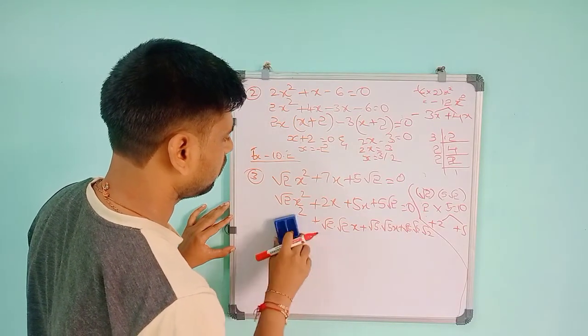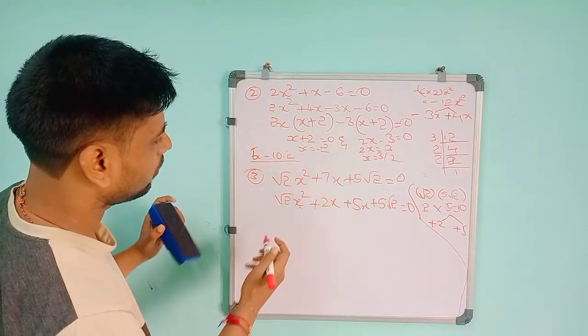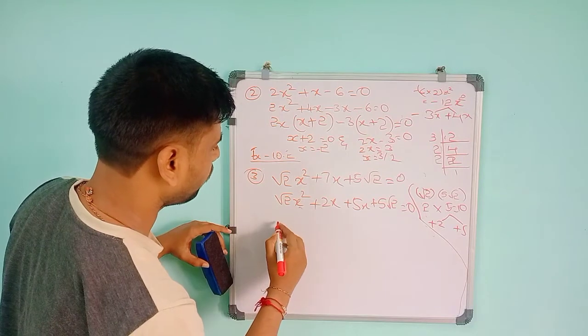This one step. First you take root 2h square is there plus 2h. H you can take common.